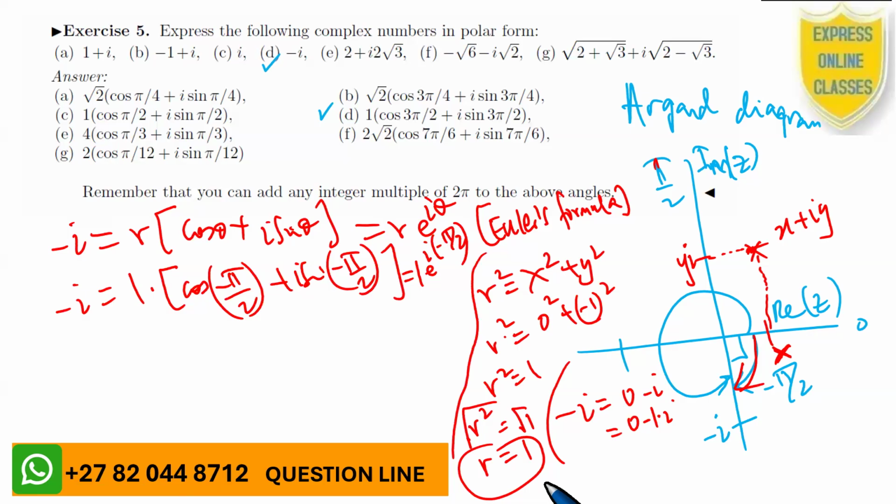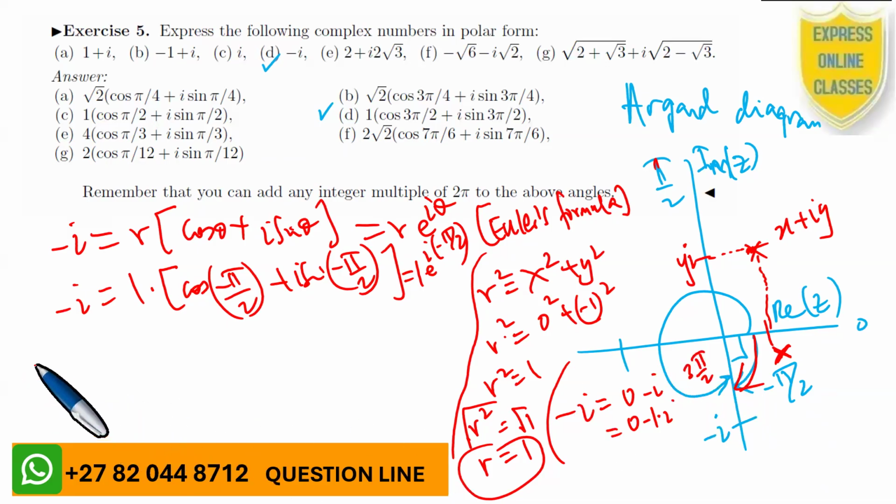Any question about this? And therefore, this is the angle. But now, you can write 3 pi over 2, but this is minus 90 degrees. But if you go like this, counterclockwise, then it is 3 pi over 2 radians.